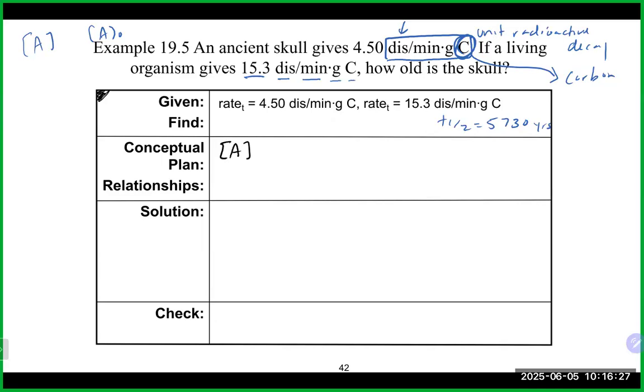For A and A naught, you can use those radioactive rates of decay. So an ancient skull gives 4.5 and a living one gives 15.3.